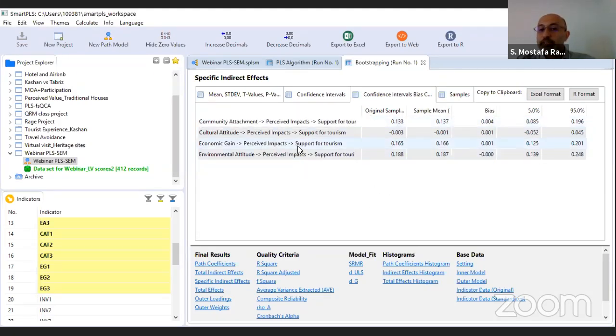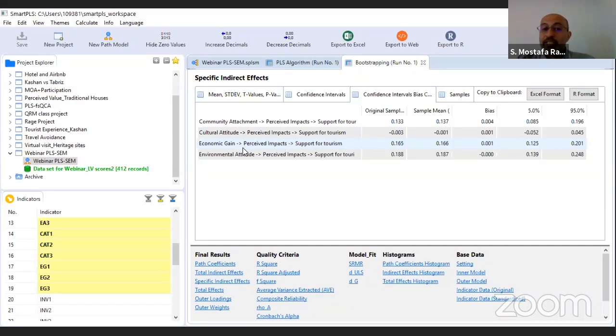What about the third one? The lower level is 0.125. The upper level is 0.201. So 0 doesn't fall between these two values. So it means the third indirect effect also is significant, and we can support this hypothesis.